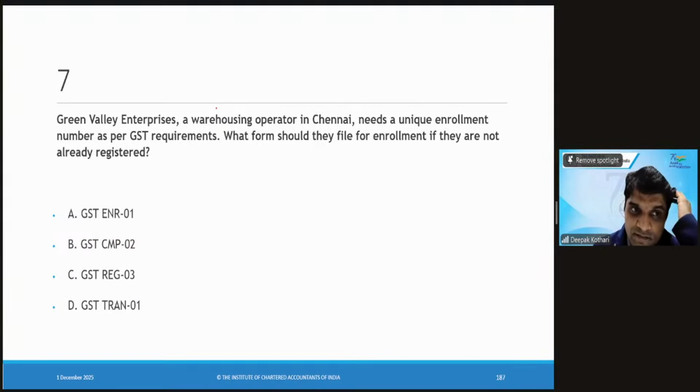Okay. Green Valley Enterprises, a warehousing operator in Chennai, needs a unique enrollment number. Okay. As per what form should they file for enrollment if they are not already registered?